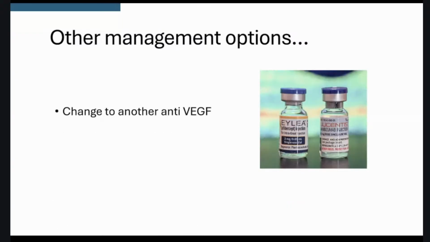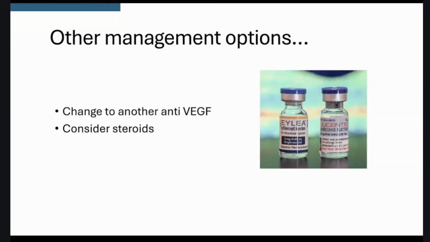So we've looked at other reasons why anti-VEGFs don't work, but we may then need to look at other options other than anti-VEGFs and how to treat these patients. And we may need to change to another anti-VEGF. So just because a patient has not responded to bevacizumab, they may then respond, say, to aflibercept, or they may respond to faricimab.